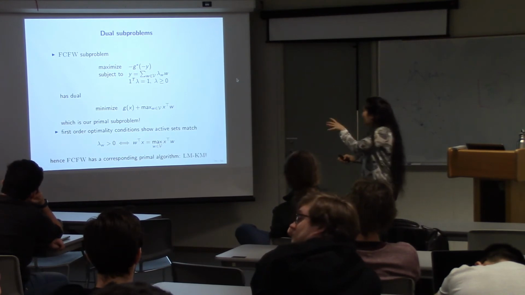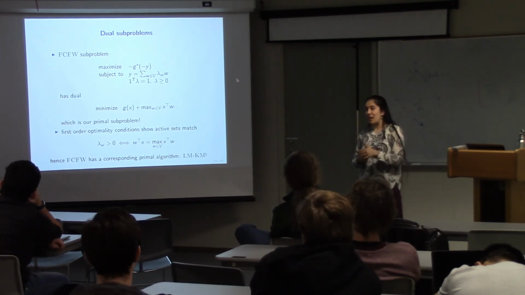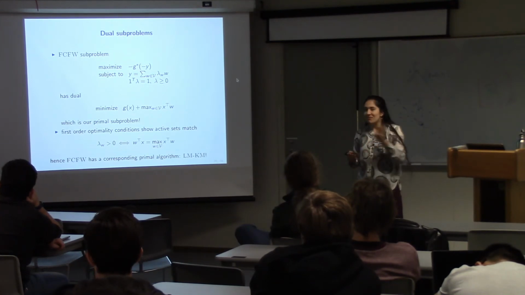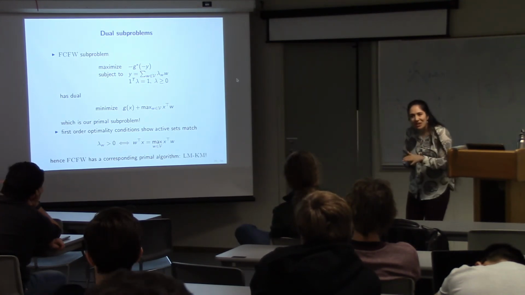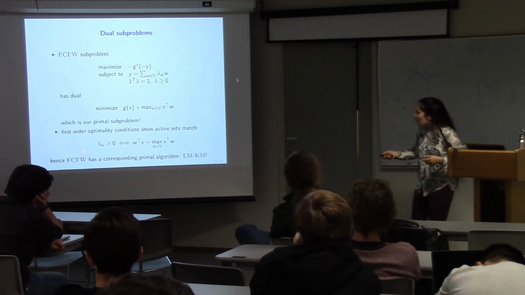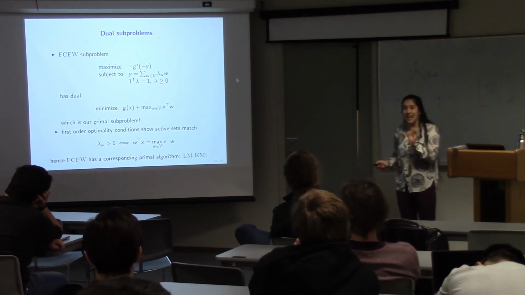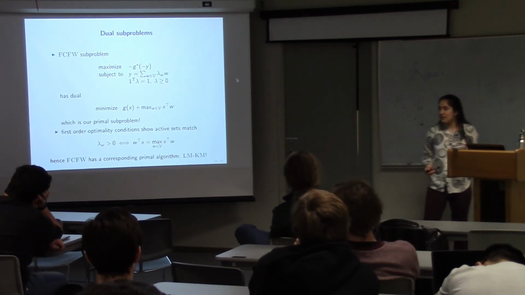So that means that everything about these algorithms is the same. The sequence of iterates are the same, the objective values are the same, they take the same number of iterations, they use the same amount of memory. Because we know convergence properties for the dual algorithm, we also know the primal algorithm has exactly the same convergence properties.